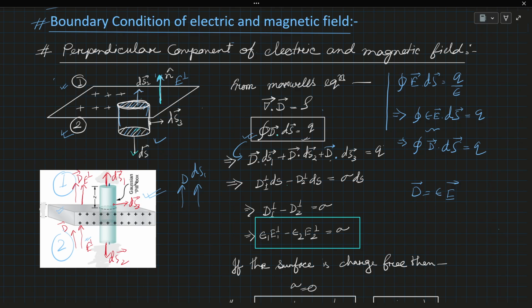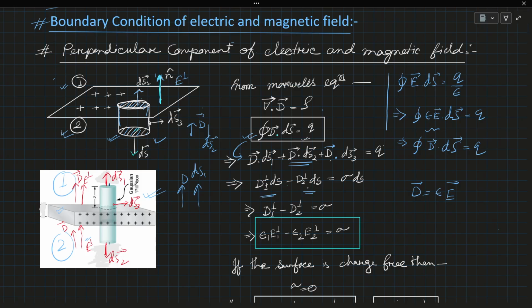For the next term, you can consider this situation. D is in this direction and dS2 is in this direction. The angle between them is 180 degrees, so cos 180 degrees is -1, and there will be a negative sign.